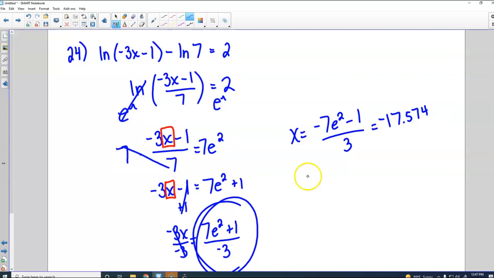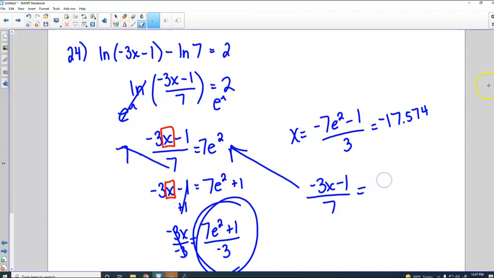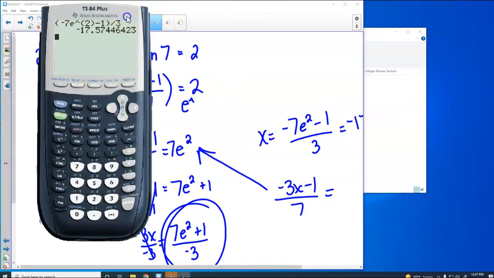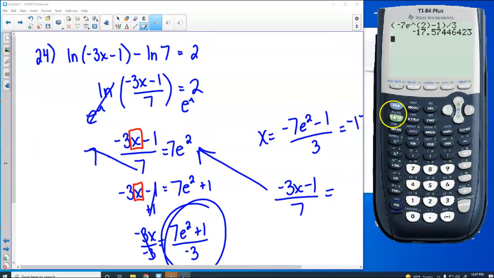Or the way I would probably do it is I would go back to this step that we had right here. Negative 3x minus 1 over 7 equals e squared. I would go ahead and with my calculator change that e squared to a decimal. 7.389.